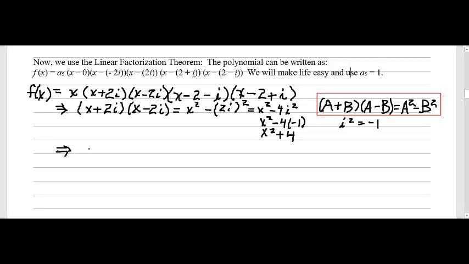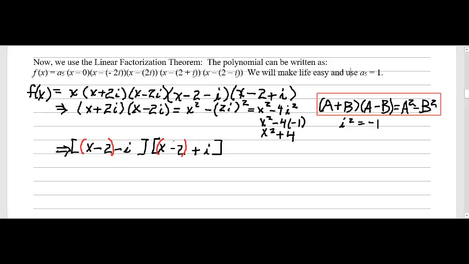Now I'm also going to multiply x minus 2 minus i times x minus 2 plus i. This is also a difference of squares.